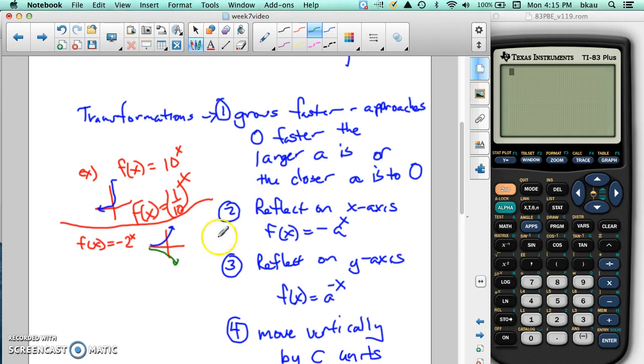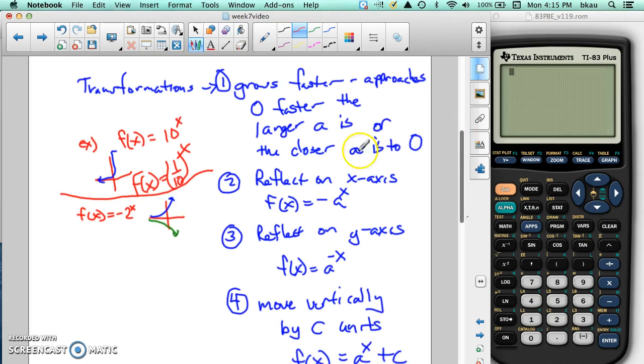So that's what would happen if you put a negative in front of this function. Now the negative doesn't get raised to the power, it only gets multiplied by -1. The real thing here is it's -1 times 2 to the x. So that's a distinction you should know. So that's number 2.